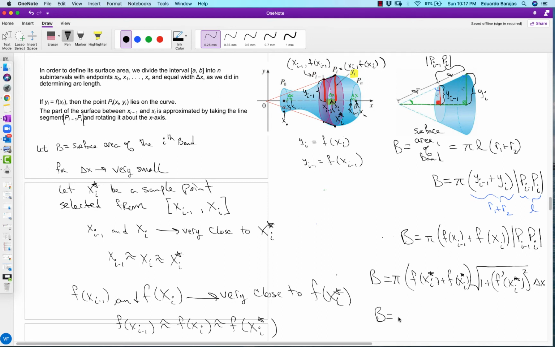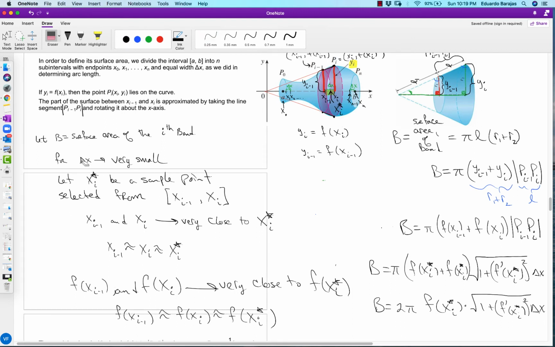So the band becomes pi times 2, so let's put a 2 in front, becomes 2 pi f of x sub i star times the square root of 1 plus f prime of x sub i star squared dx.